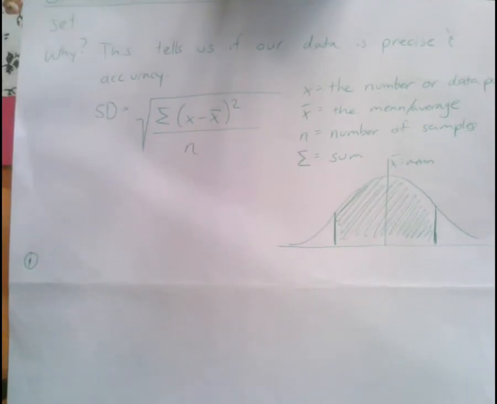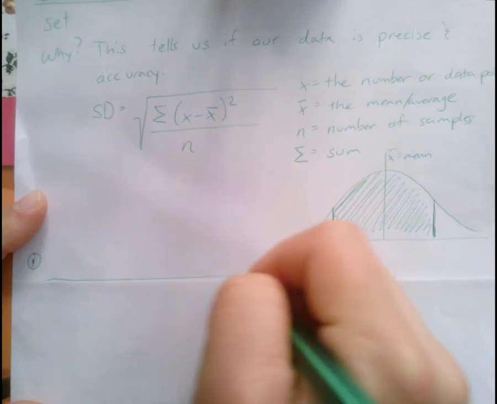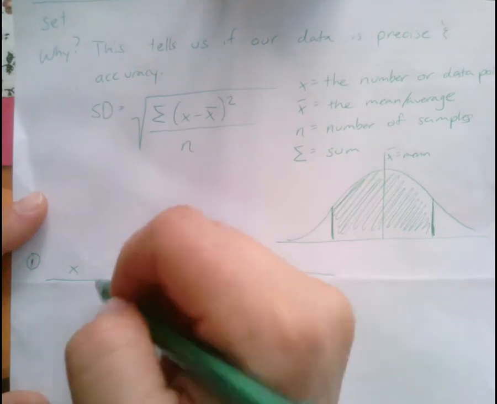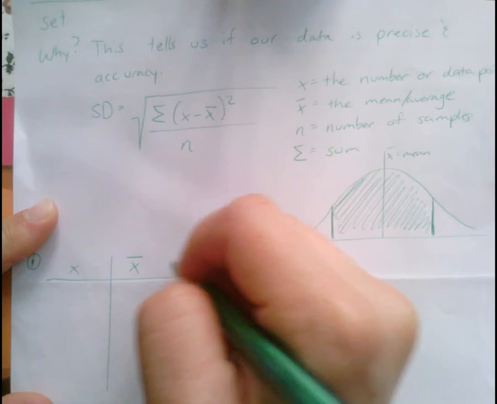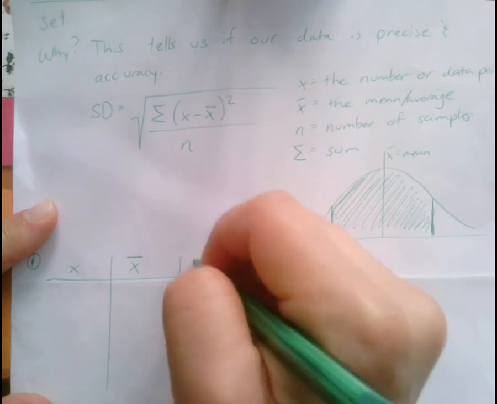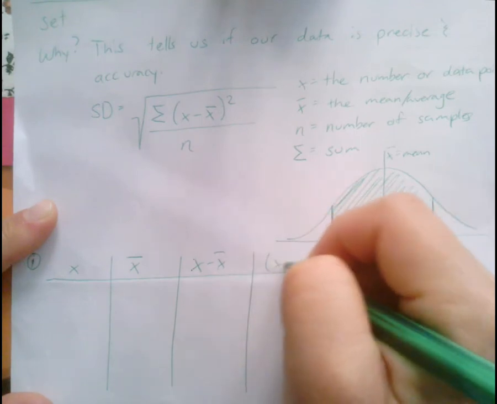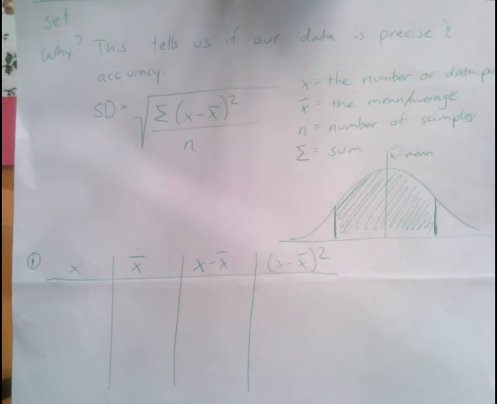I would do it by setting up a data table with my X value, that's my data point, my X bar, my X minus X bar, and then my X minus X bar squared. You should take all the numbers that are available within the data set for your IA and for your practice IA as well.